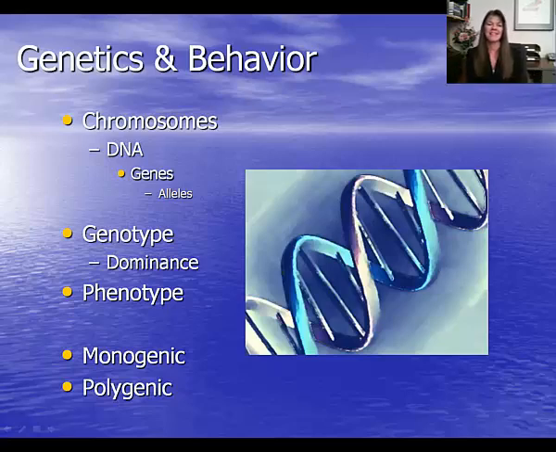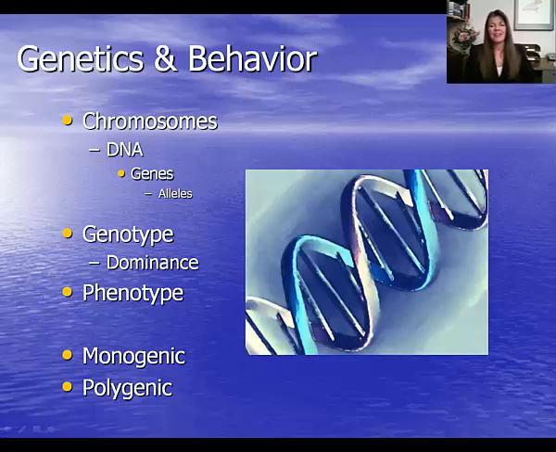Just the basics that you need to know in order to appreciate how we know what we know about the percentage of personality that's passed on genetically, and to appreciate this. Now, some terminology here. You know, your chromosomes are those thread-like structures that carry your DNA molecules.